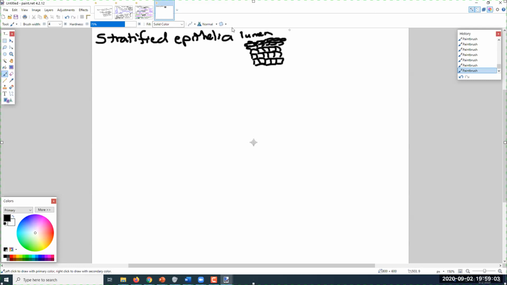Okay, so here's the lumen. We could tell that this is multiple layers, right? But you're going to be looking at the shape of the topmost layers to see what is the shape here. So over here, this is the stratified squamous epithelium.